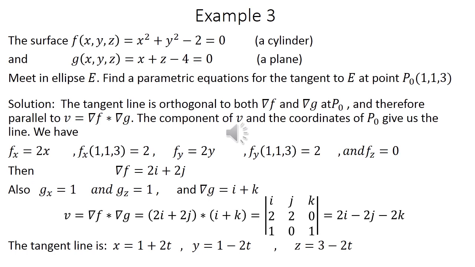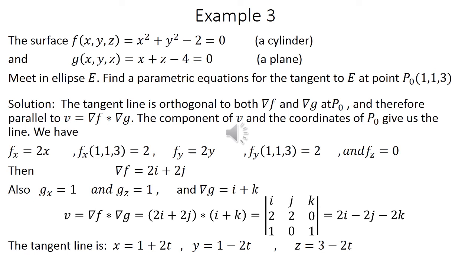And partial f partial y equals 2y, and computed at the point 1, 1, 3, you get 2. And the partial derivative of f with respect to z equals 0. Then the gradient of f equals 2i plus 2j. There is no z here.